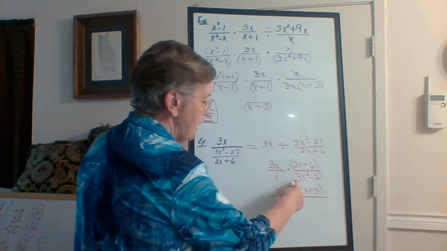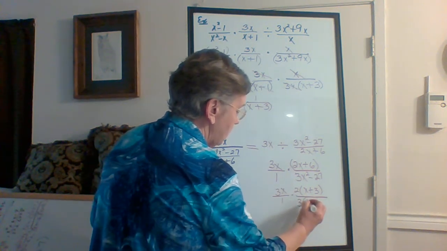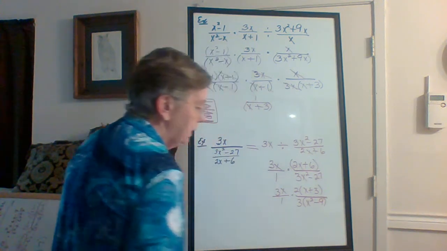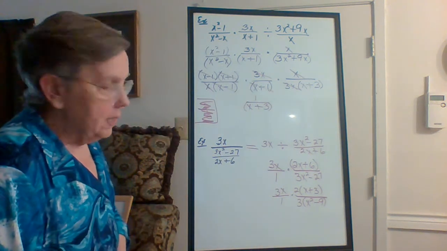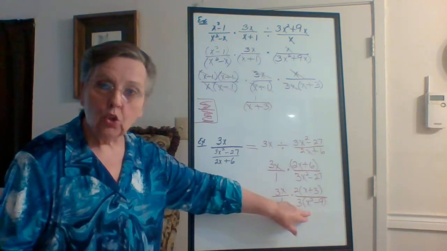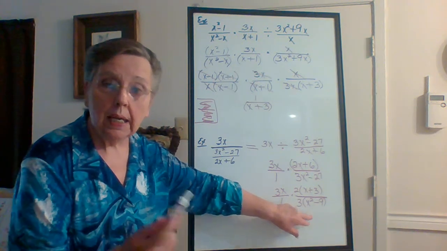Common 3. That leaves me x squared minus 9. Whoops. Little catch there. I still have an x squared. If I have an x squared, I still have to try to factor again.